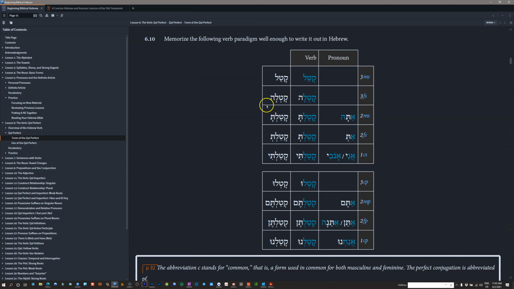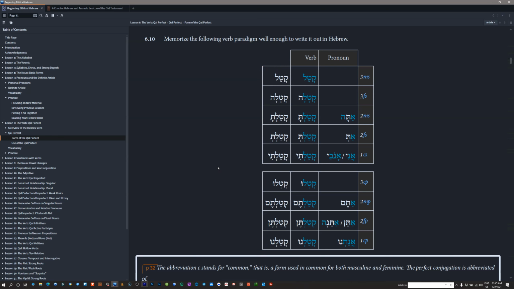If you can just write this out over and over again, understanding that you're going third masculine singular, third feminine singular, second masculine singular, second feminine singular, first common singular. I would probably write the far right column and the far left column as well. But just write these out.